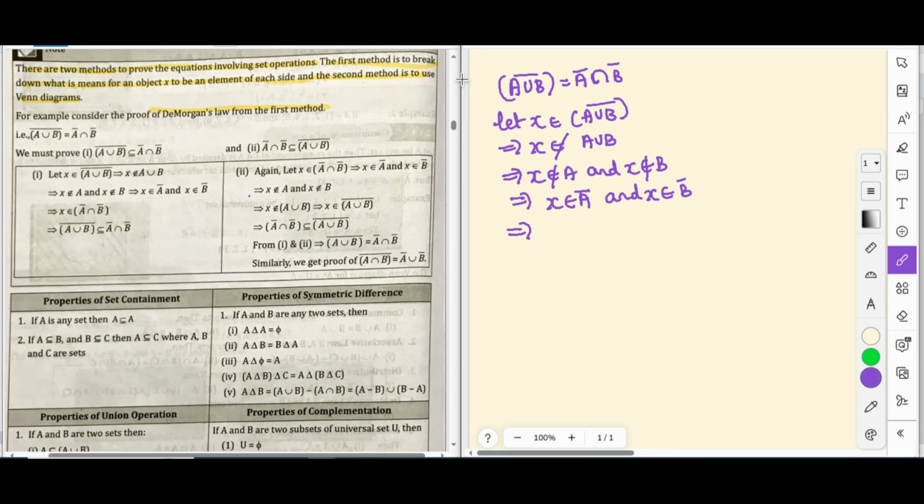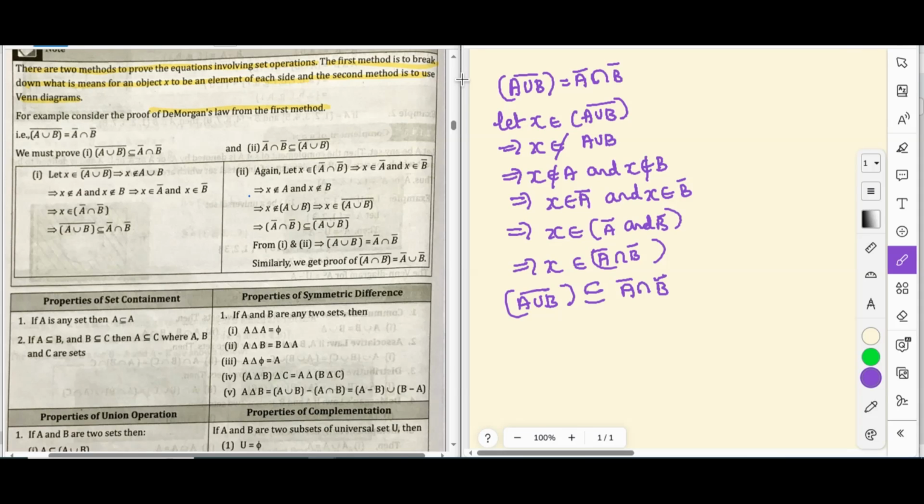That is, x belongs to A dash and B dash. So x belongs to A dash intersection B dash. Therefore, A union B whole dash is a subset of or equal to A dash intersection B dash.